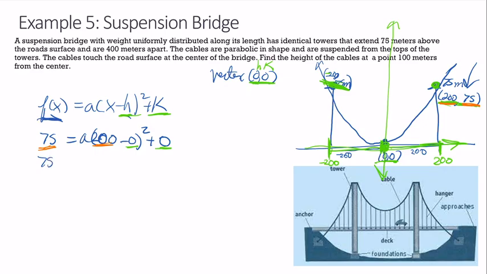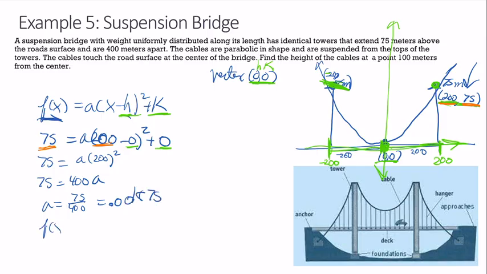So I have 75 is a times 200 squared. 75 is 400a. So a is 75 divided by 400, which is 0.001875.